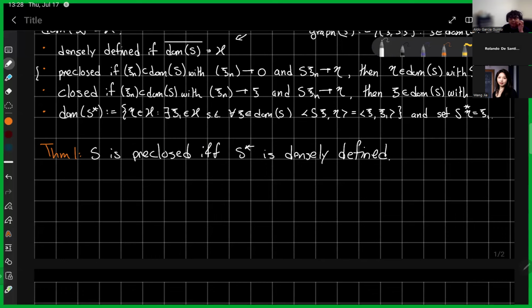So this is another way of being able to check pre-closedness if you know how the operator really looks like, right? Because if you know how the operator looks like, then you can look at what it has on its adjoint, and it allows you to say something about S.